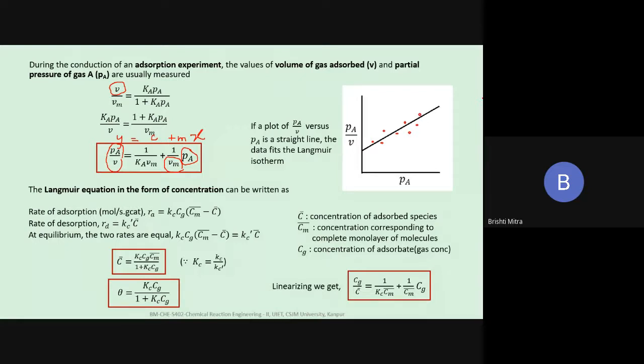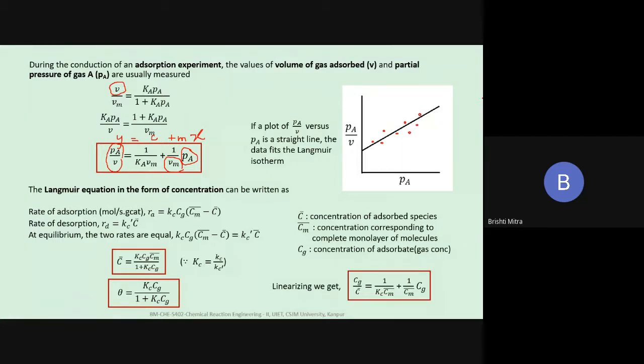And if I do not get a straight line, I say, okay, Langmuir isotherm is not there, we have to choose something else. And if it forms a straight line, then using the intercept and the slope, we can find out the value of Vm and Ka. Vm being the volume occupied at monolayer, which has got a serious advantage or use in the later stages, and Ka is the adsorption constant.